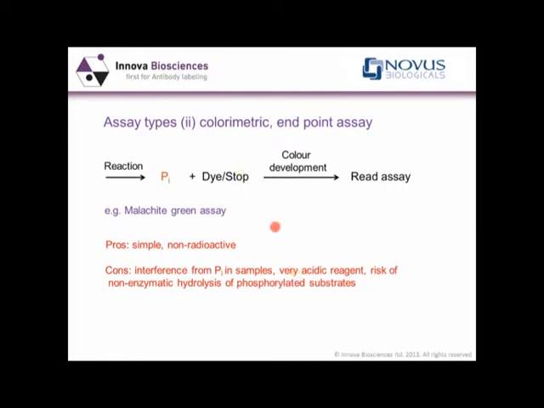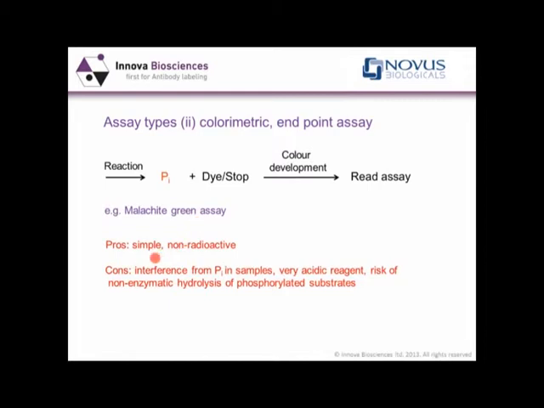Next assay type is a colorimetric endpoint assay. This is the phosphate generated from an enzyme reaction. After a period of incubation, say 15 minutes, the phosphate is accumulated. You then add a dye stop reagent. This stops the reaction and initiates color development, and then you read your assay. So a typical example would be a Malachite green assay, and we'll speak much more about this in the rest of the presentation.